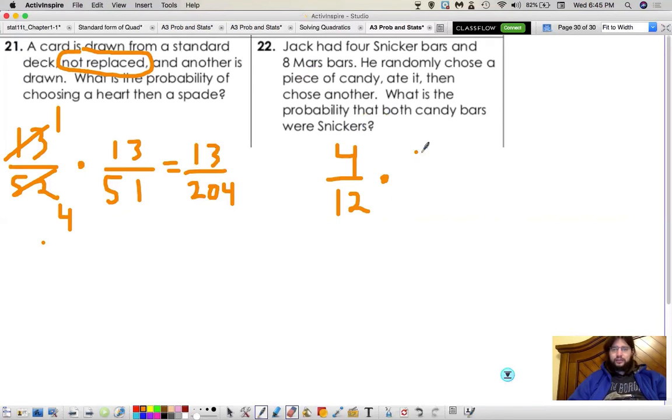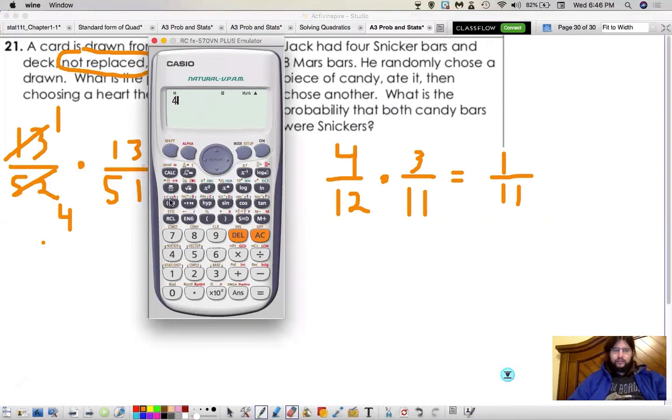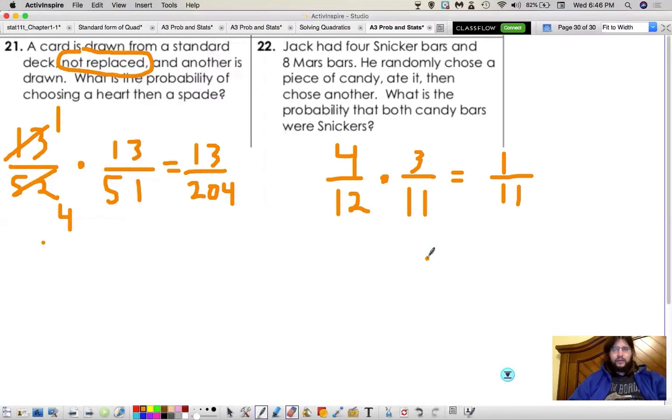Then he ate a Snickers and wants to get another. 3 out of 11. So that's 1 out of 11, right? Calculator. One out of 11. Beautiful.